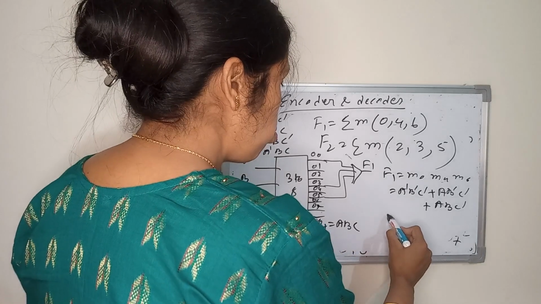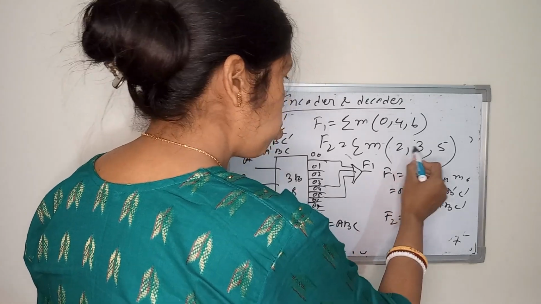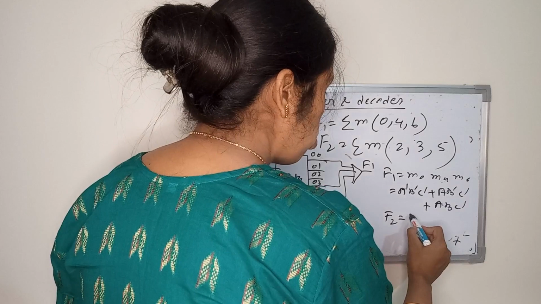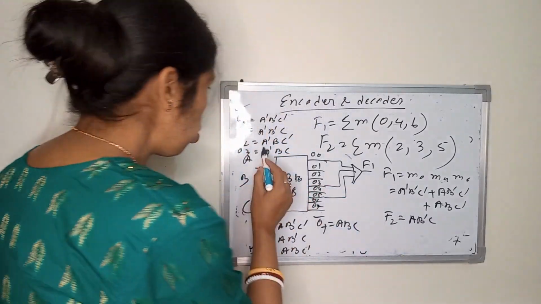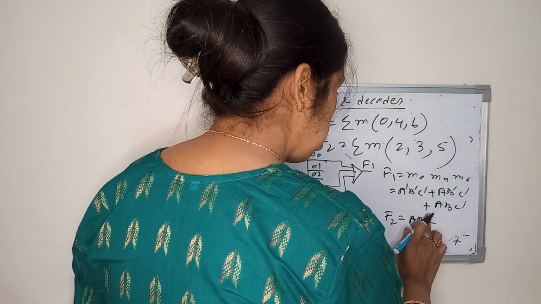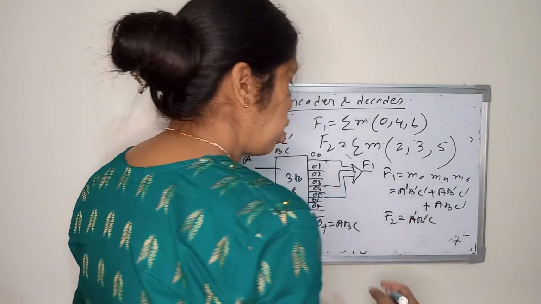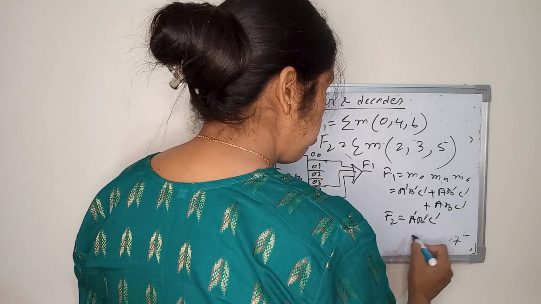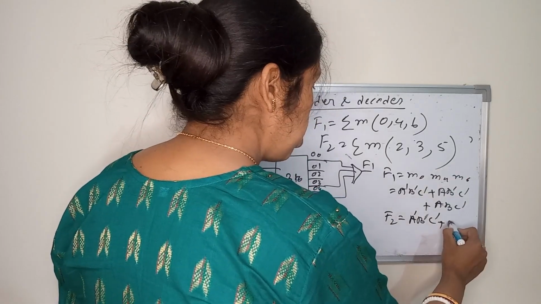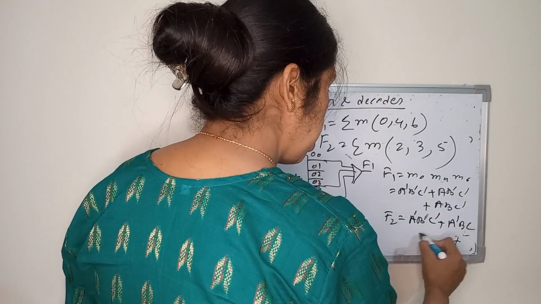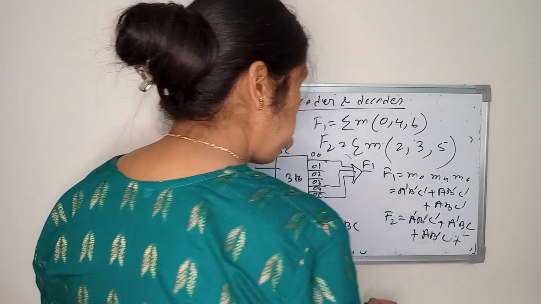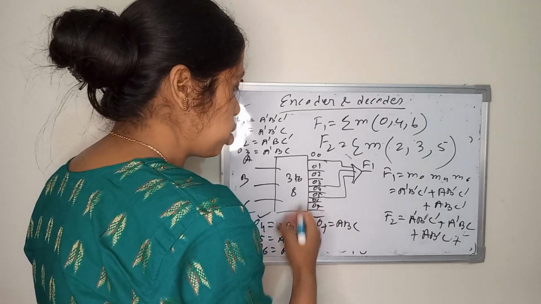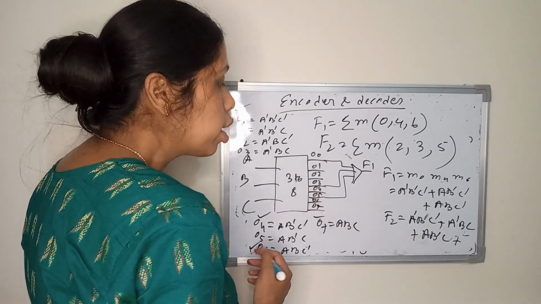Now for f2, f2 is m2, m3, m5. m2 means A prime B C prime, plus m3 means A prime B C, and m5 means A B prime C. So how will we get those expressions from the outputs of the decoder?